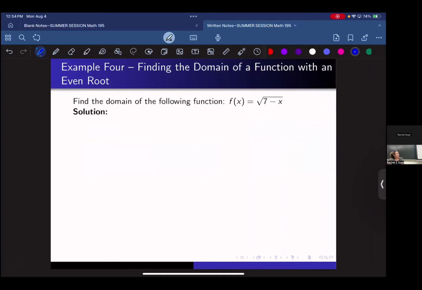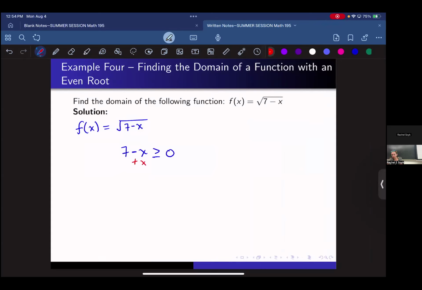And so now in this example 4, we're looking at f of x is equal to the square root of 7 minus x. And again, we do not want this to be negative. So our domain is going to be all values that are positive or equal to 0, so greater than or equal to 0. And then we just solve for x.